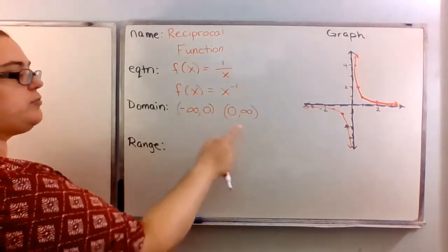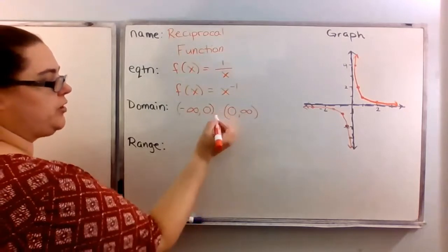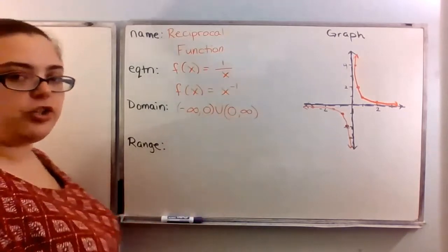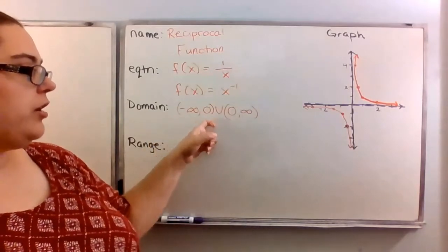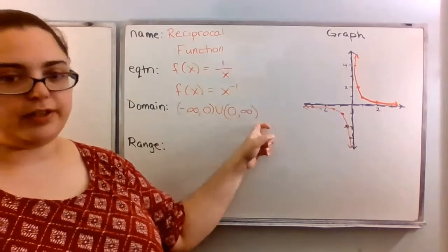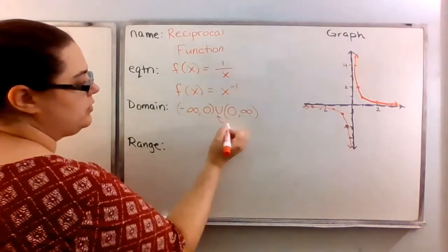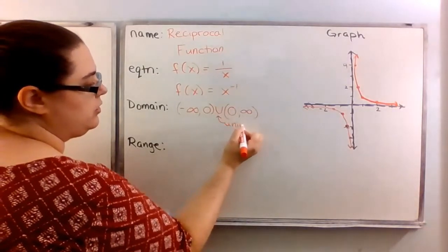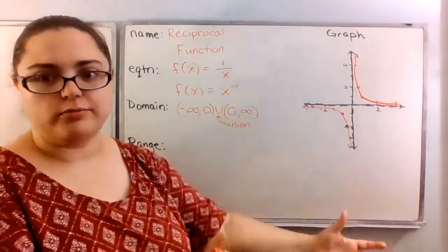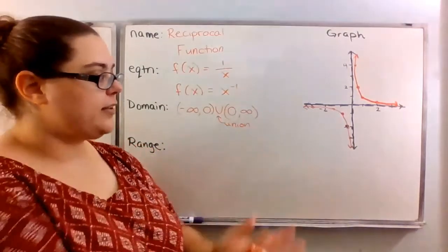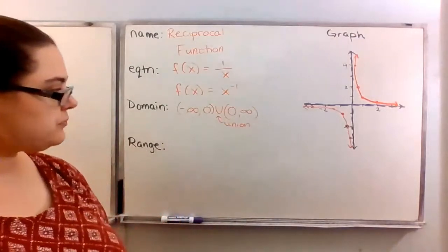And then to indicate that I'm joining these two, I'm going to use what's called the union sign. Just looks like a U without the tail. So this is saying from -infinity to 0, union 0 to infinity. You can think of the union as like saying, and also, or kind of gluing these two intervals together.